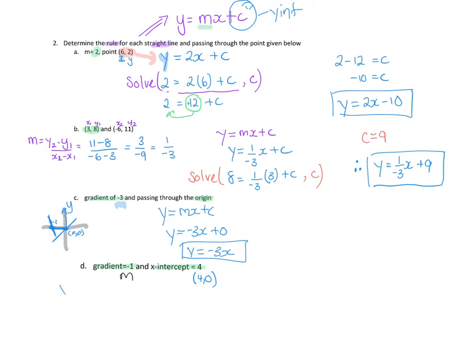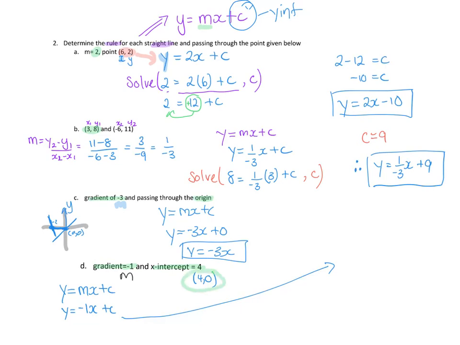So if we were writing out our basic equation, we write y equals mx plus c, like what we've been doing. They told me what the gradient was, so I'll write y equals negative x plus c. Now to find the value of c, I normally use another point.